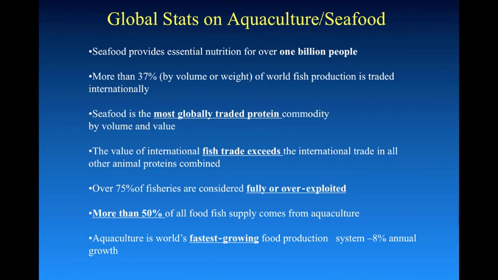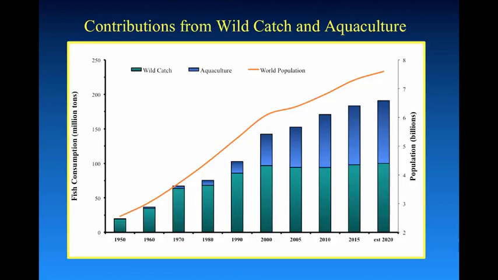It shouldn't be surprising then that aquaculture is the fastest growing food production system currently in existence. 8% annual growth. Okay. Are you excited? Hope so. So look, here's that statistic I showed you about where the seafood is coming from. Looking at 2015, you can see about half of it is from aquaculture.